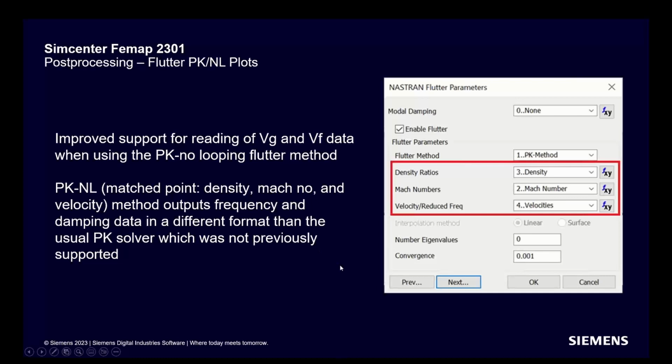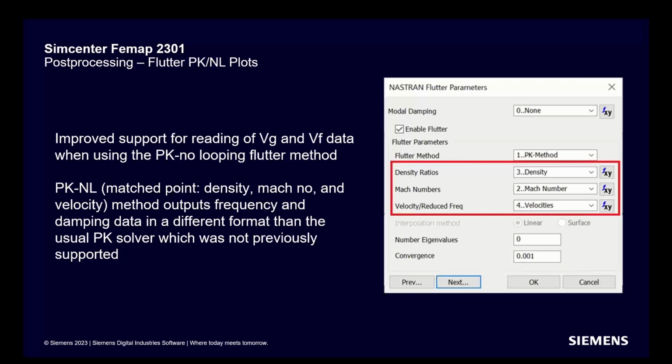So another post-processing improvement is that if you are a Flutter engineer and you do use the PKNL, no looping Flutter method, I think previously there would be no way for reading in the damping or frequency plots. So now Femap can actually handle reading that in and generate the plots for you.